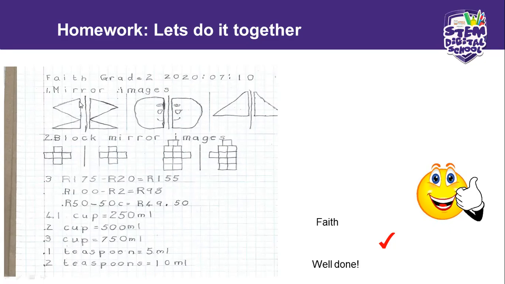So it means that your line of symmetry will be exactly here where you drew this line. And then you will shift your other image tight to this other one. They must be tightly linked so that when you fold them over, it's one image. Same applies to this one.